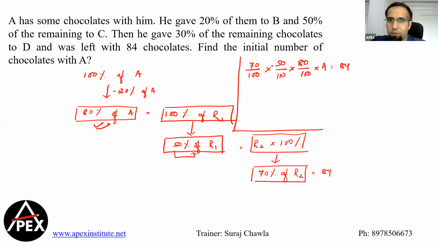Clear? So if you want, we can cancel 1, 2 and 3 zeros from here. This is 7 ones, this is 7 12s. This is 4 threes and this is 4 twos. 2 ones are 2, 5 ones are 5. So when you cross multiply, you get the value of A is equal to 300.